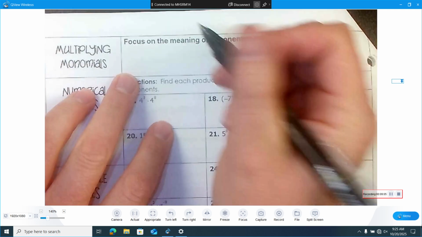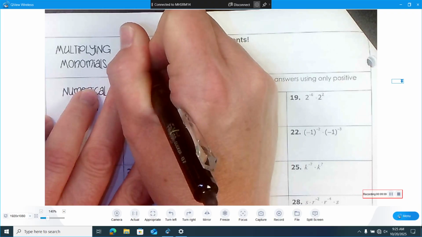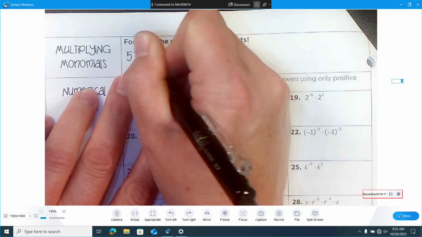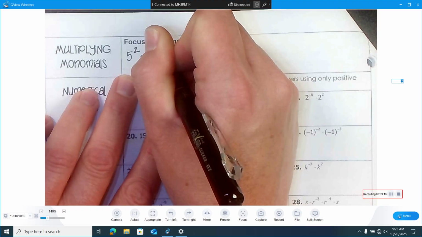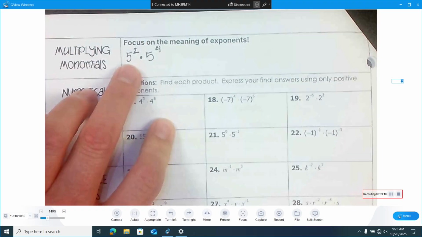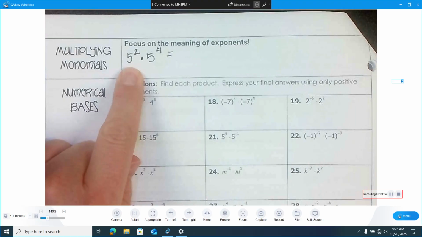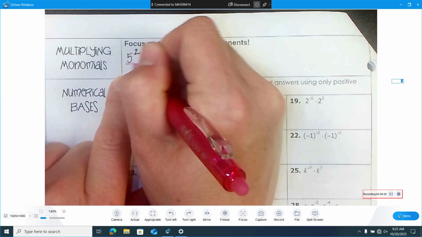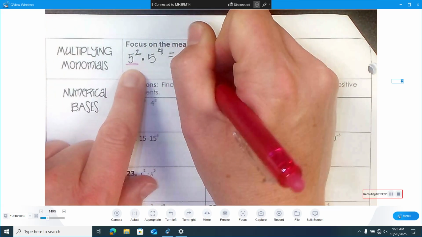So let's say, what does it mean if I have 5 to the 2nd? I'm going to do 5 to the 2nd times 5 to the 4th. I want you to tell me, what does it mean when we are talking about exponents? 5 to the 2nd power, what does that really mean? 5 times 5. It's 5 repeated 2 times. Very good.